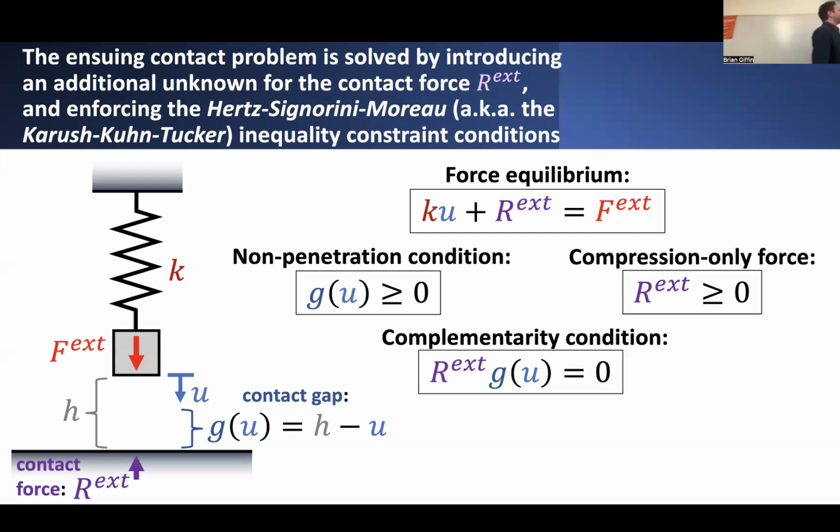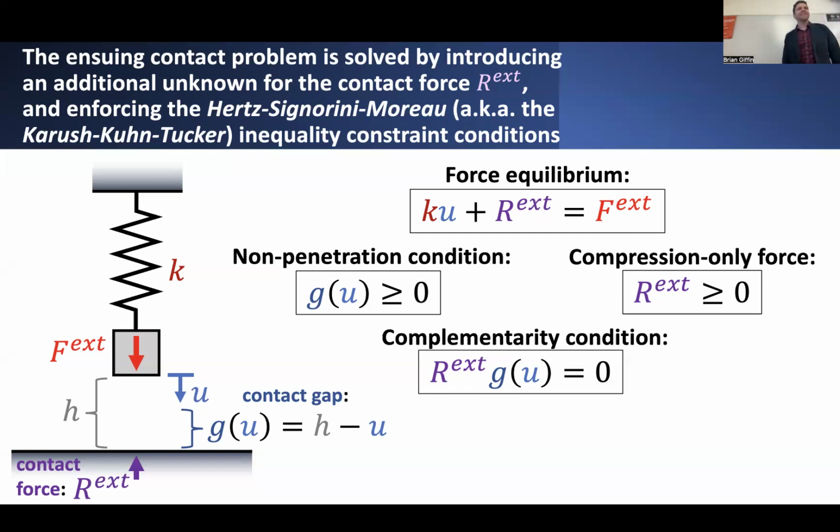That's the only way for this expression to be equal to 0 all the time. So imagine our reaction force equals 0, then we can have the gap be open. So in other words, the situation where the gap is open implies that the reaction force is equal to 0. And conversely, if the gap is fully closed, if the gap is equal to 0, then this reaction force can be some positive value, indicating that we have a contact condition.